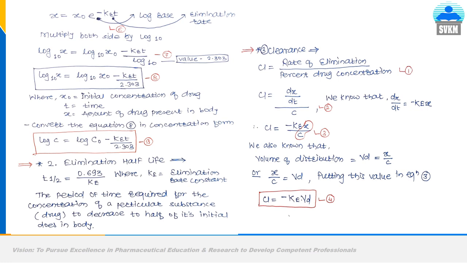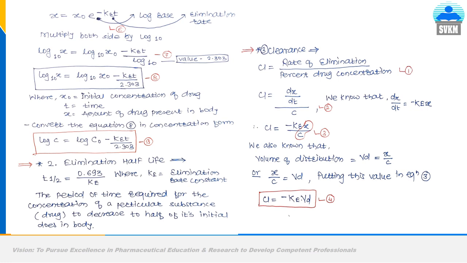So in the basic equation we know that the rate of elimination is equal to dx upon dt. We just put this value in equation number 1. You will get equation number 2, that is Cl is equal to dx upon dt upon C. Dx upon dt is nothing but the rate of elimination.